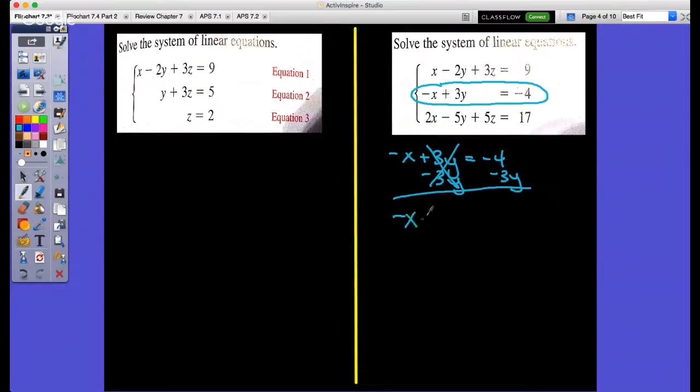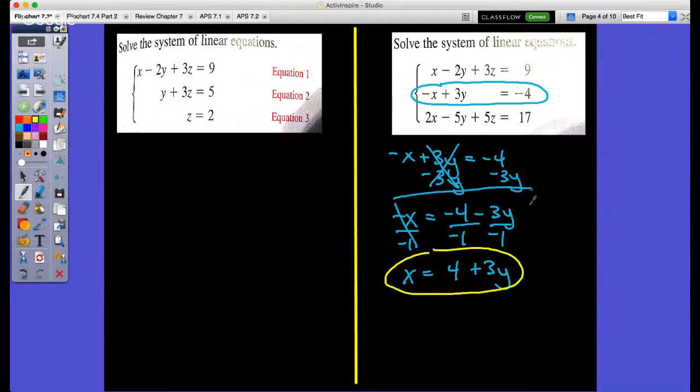And then I got -x equals -4 minus 3y. And then if I were to divide by this -1 value here, this would get me x is equal to 4 plus 3y.